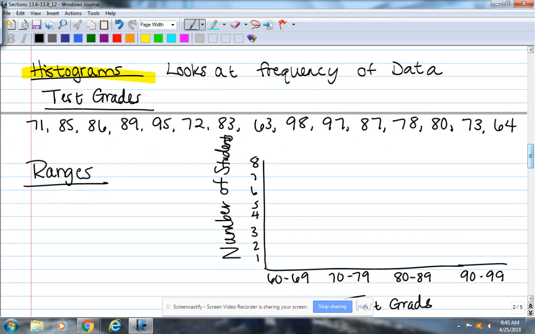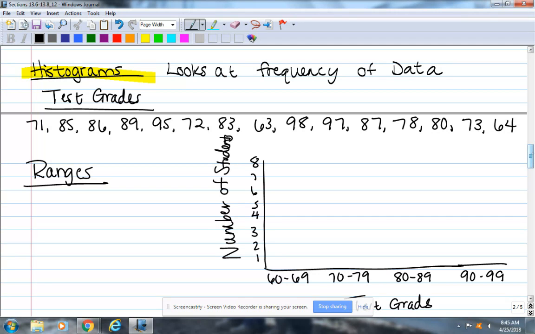Histograms. Histograms look at frequency of data. Now, what does that word frequency mean? How often something takes place. Okay? Frequency is how often something happens.